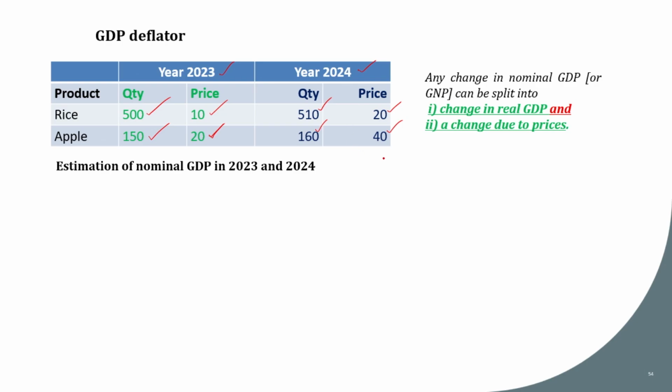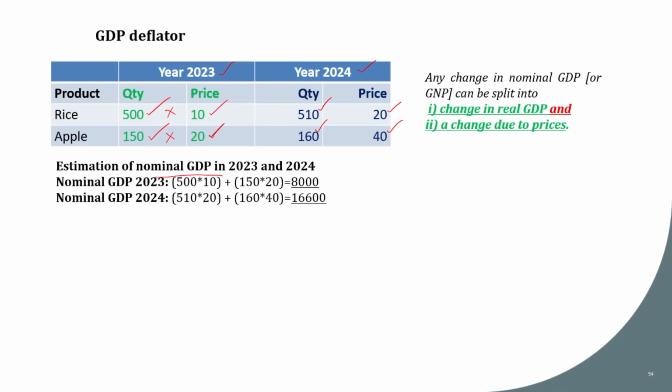So based on this, let us see the estimation of nominal GDP. You can straightforwardly calculate it: for example, here rice contribution is 500 times 10 and apple contribution is 150 times 20. Similarly, for 2024 you can calculate the respective quantity of that product times the price of that product. Accordingly, you will get the nominal GDP in each year.